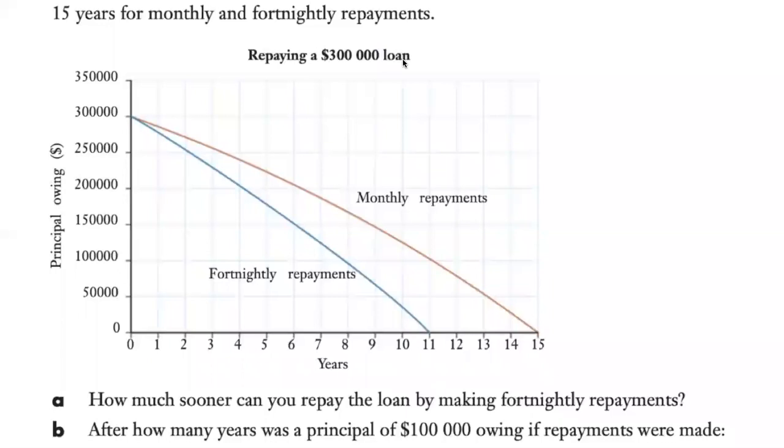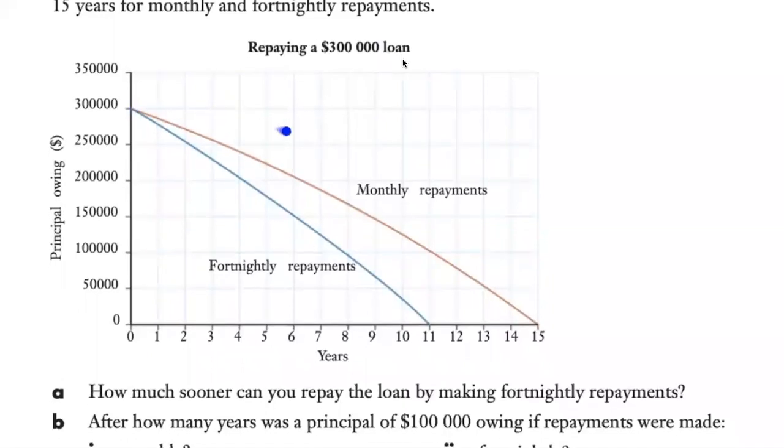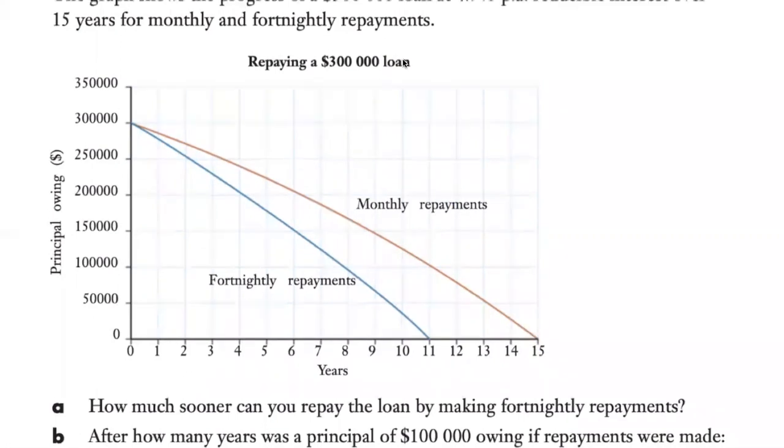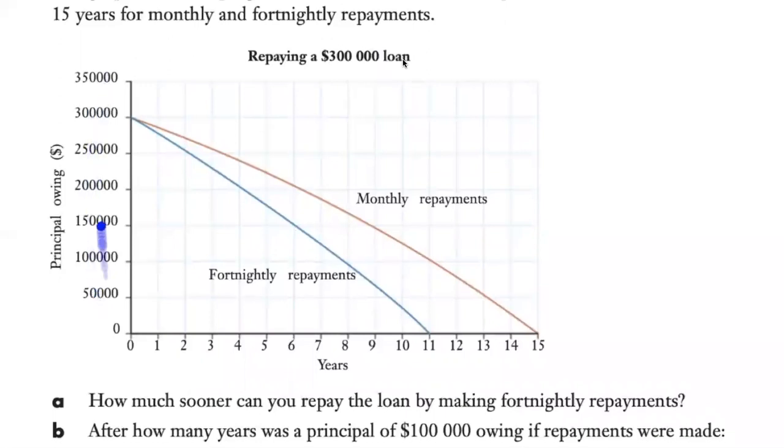The structure starts off a little bit slow and then gets faster, almost like a reverse compound interest curve. Going along the side, we've got our principal owing, how much we owe over the remainder of the loan, and along the bottom horizontal axis, we have the term of the loan, our time.